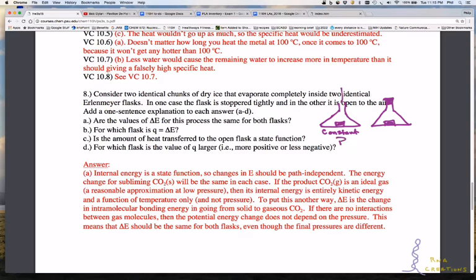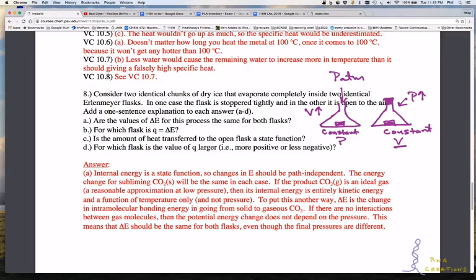Why is the pressure constant? Because it's coming from the pressure of the atmosphere, and it doesn't build up. And I can think of this as my constant volume. Why is the volume constant? Because it's stoppered. Here the pressure is going to increase because the volume is constant, and here, because the pressure is constant, the volume is going to increase.